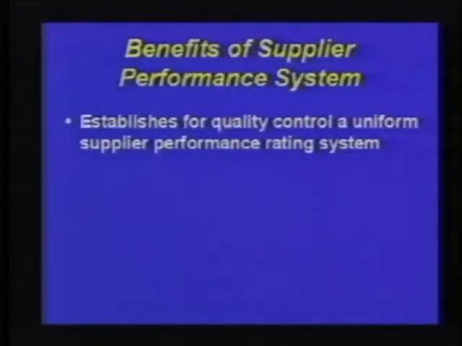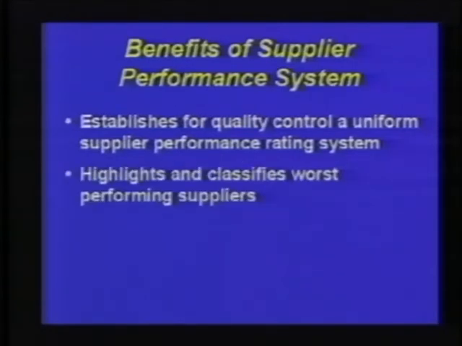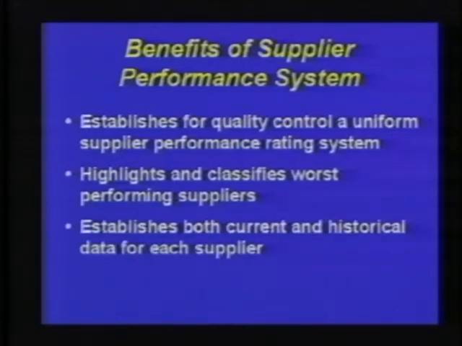Now, if you turn to page 17, here we have the benefits of the supplier performance or appraisal program. It establishes, for quality control, not receiving inspection, but for quality control of the program, a performance rating system which is uniform. It highlights and classifies the worst to the best.